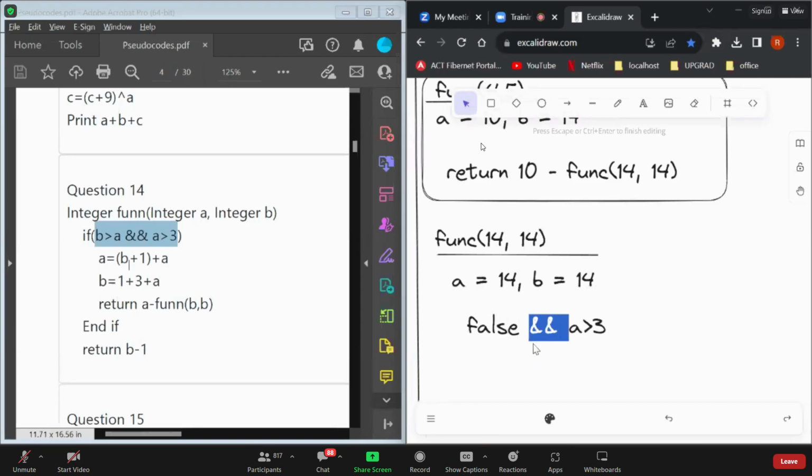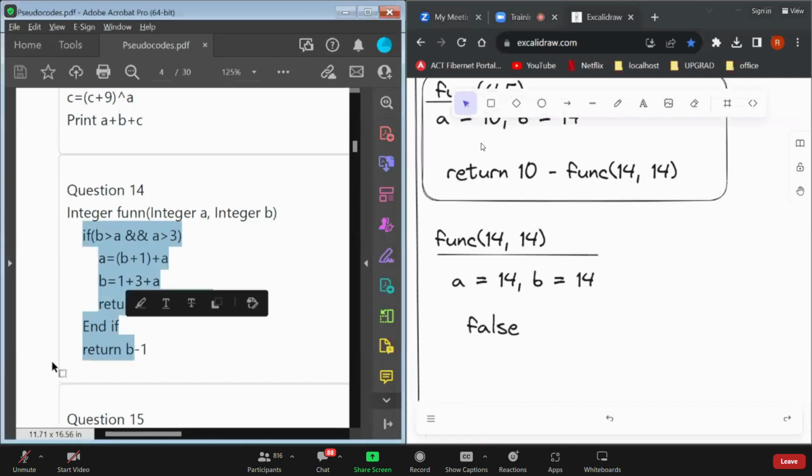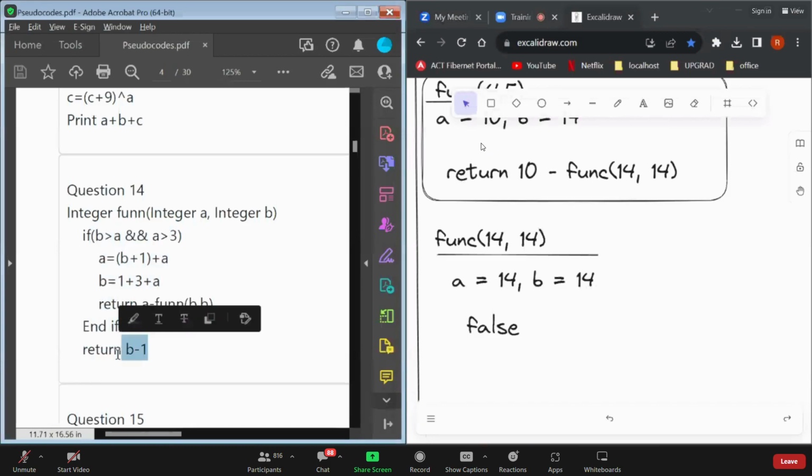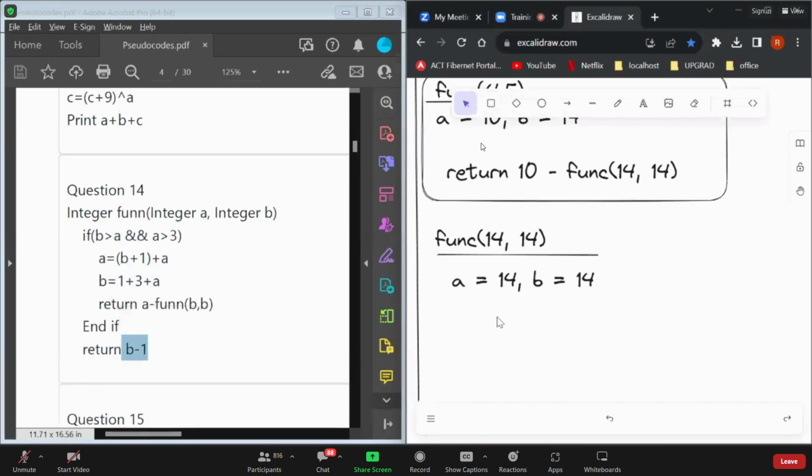Since you have a logical and in between, and you have one false statement, then the statement here would be false. So don't execute the if part, directly go to the return b minus 1 part. Okay. So simply the answer for function of 14 comma 14 is return b minus 1, which is 14 minus 1, which is 13.